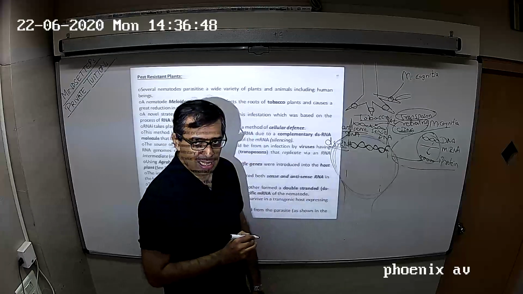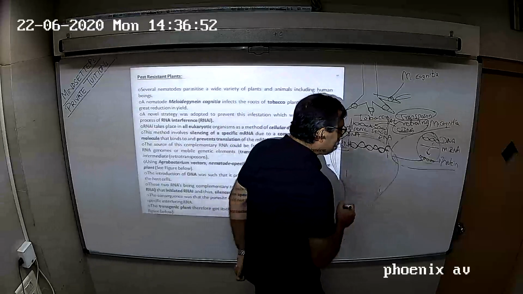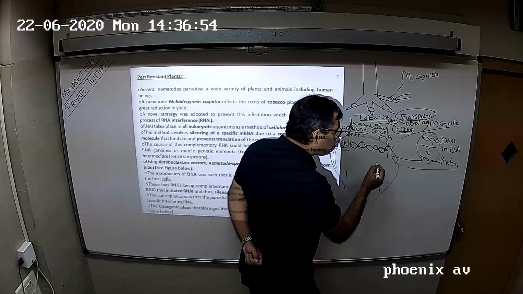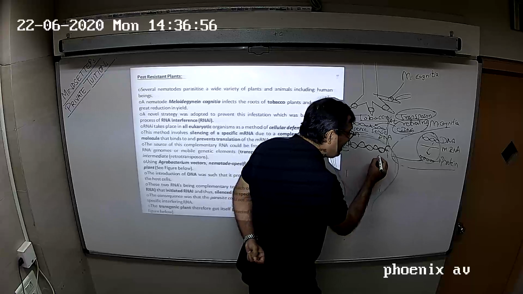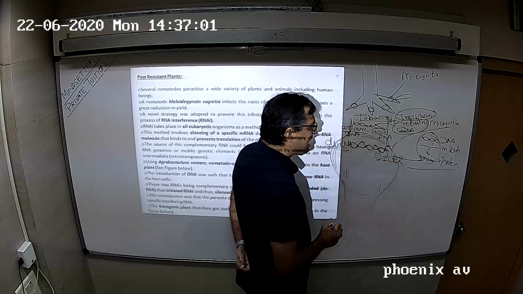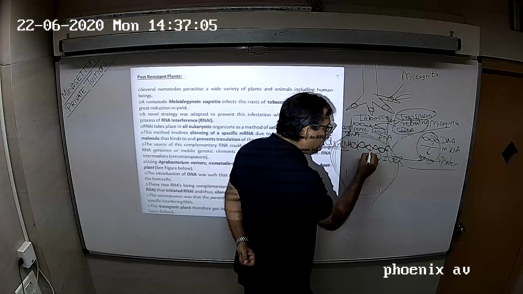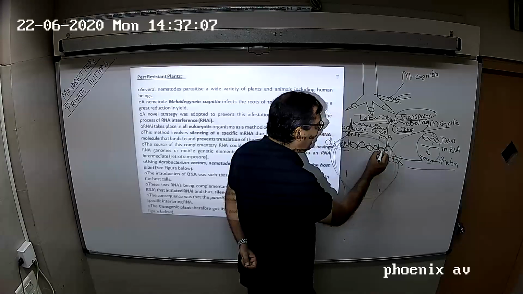So the sense DNA and antisense DNA have produced a sense RNA and an antisense RNA, which is a double-stranded RNA. Not given in your books, but you may remember there is an enzyme called dicer, and the dicer enzyme will cut this RNA into small fragments.